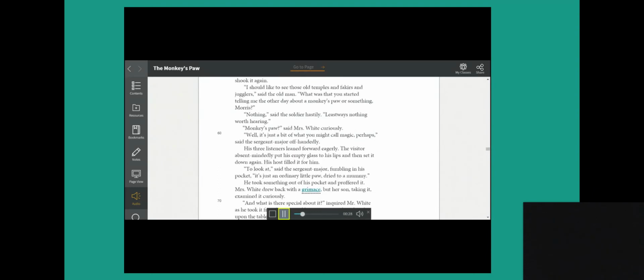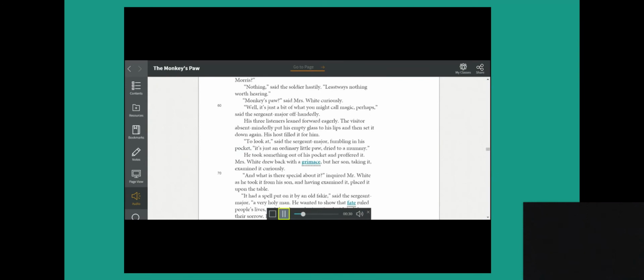"Leastways, nothing worth hearing." "Monkey's paw?" said Mrs. White curiously. "Well, it's just a bit of what you might call magic, perhaps," said the sergeant major offhandedly. His three listeners leaned forward eagerly. The visitor absent-mindedly put his empty glass to his lips, and then set it down again. His host filled it for him.